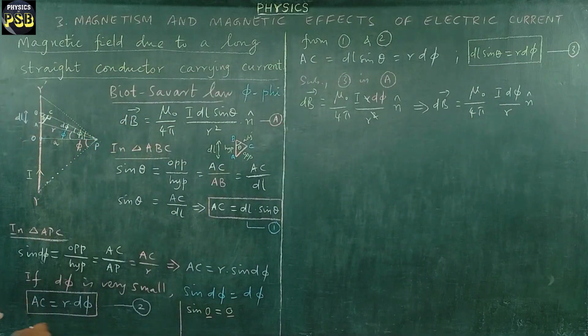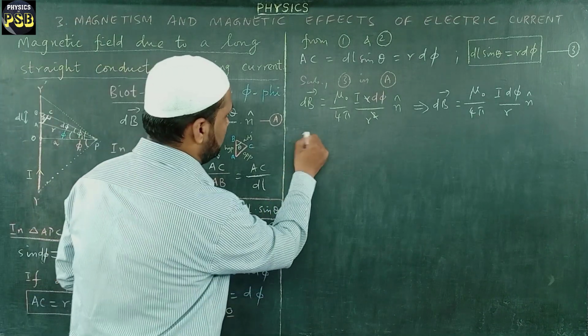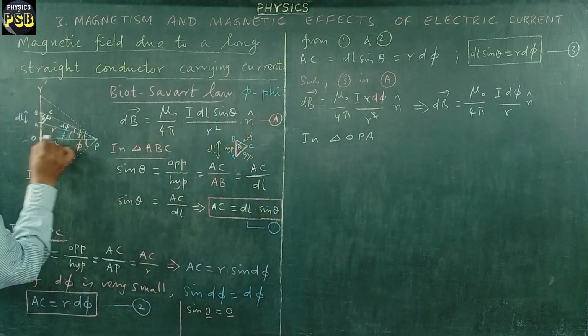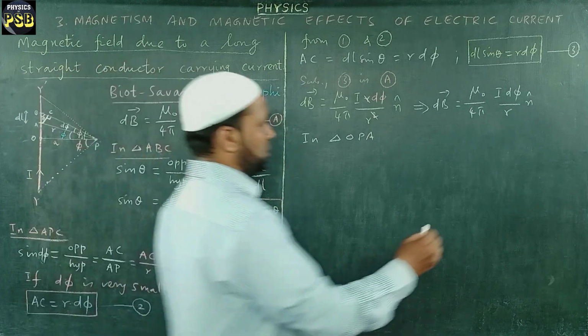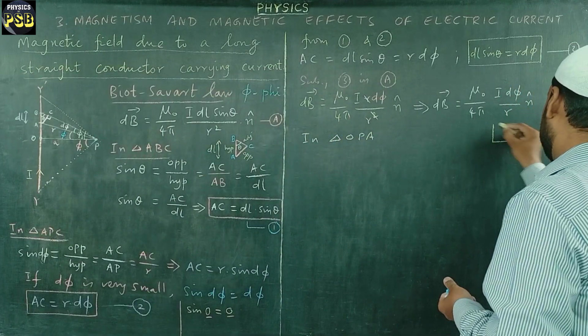To get the value of R, I take this triangle OPA. It is given here, this triangle. Now, I draw this triangle here separately to make my work easy.